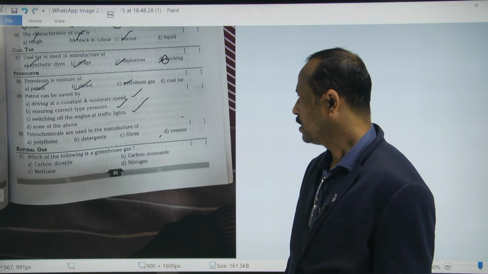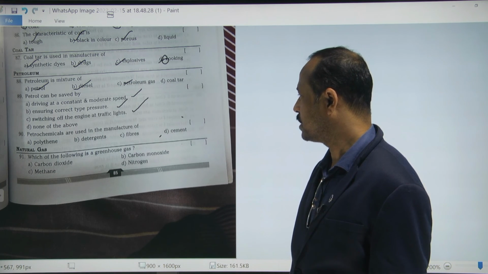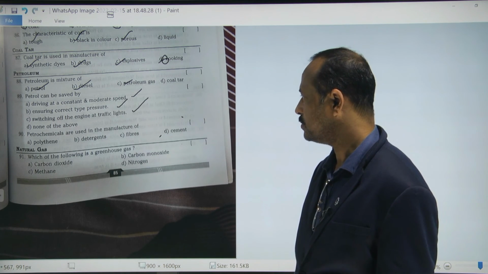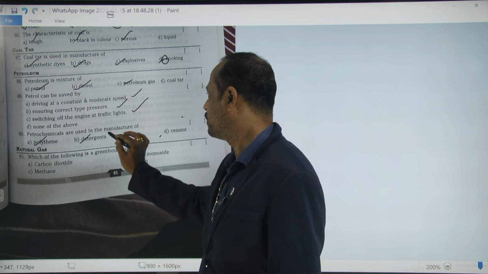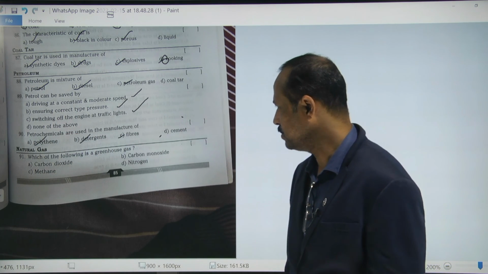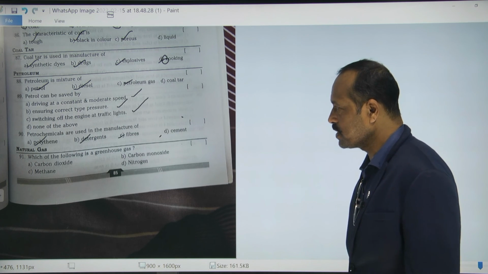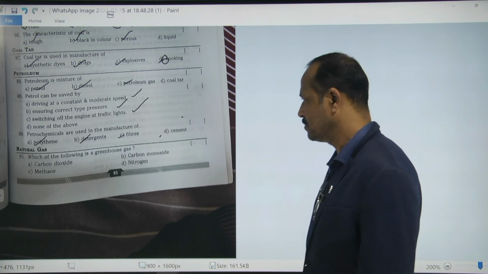Next, petrochemicals are used in the manufacture of everything except cement. Yes or no?